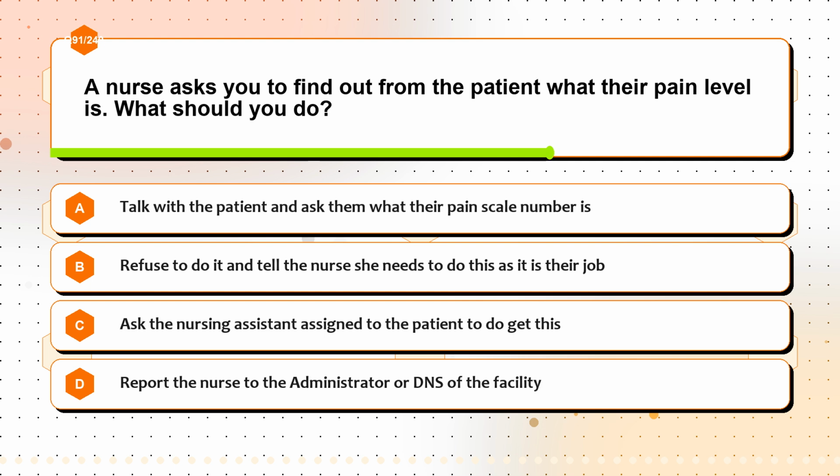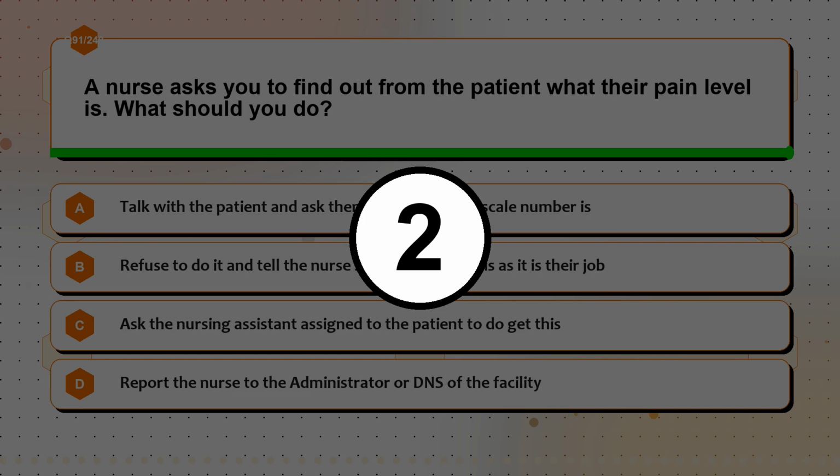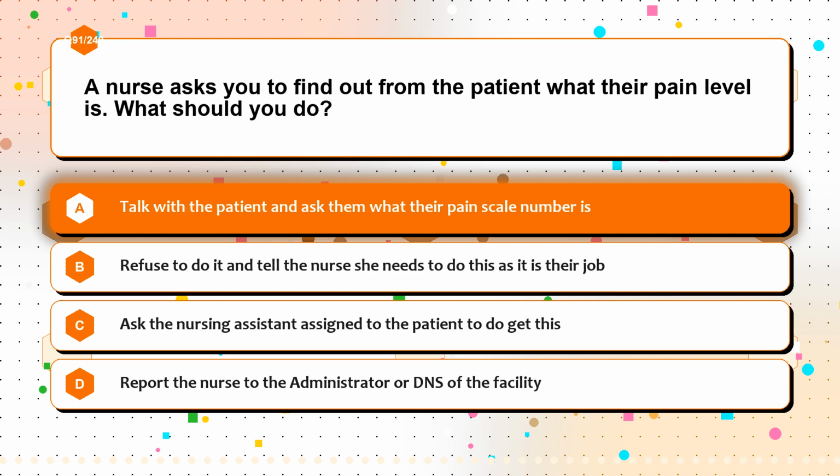Option C. Ask the nursing assistant assigned to the patient to get this. Option D. Report the nurse to the administrator or DNS of the facility. The correct answer is option A. Talk with the patient and ask them what their pain scale number is.